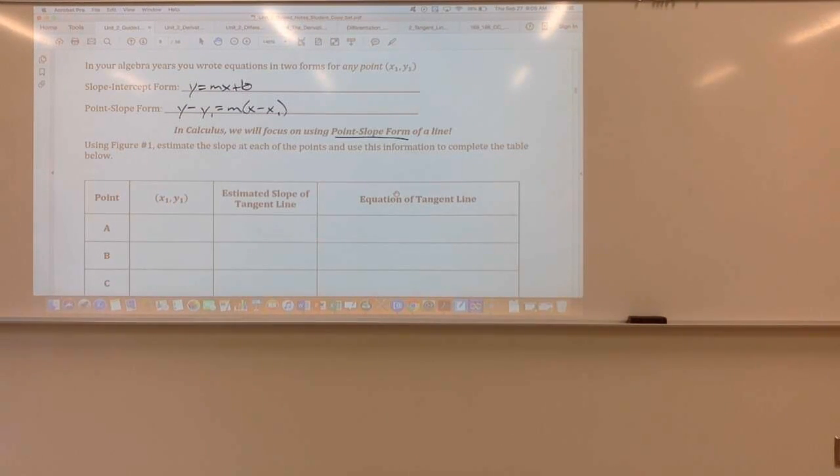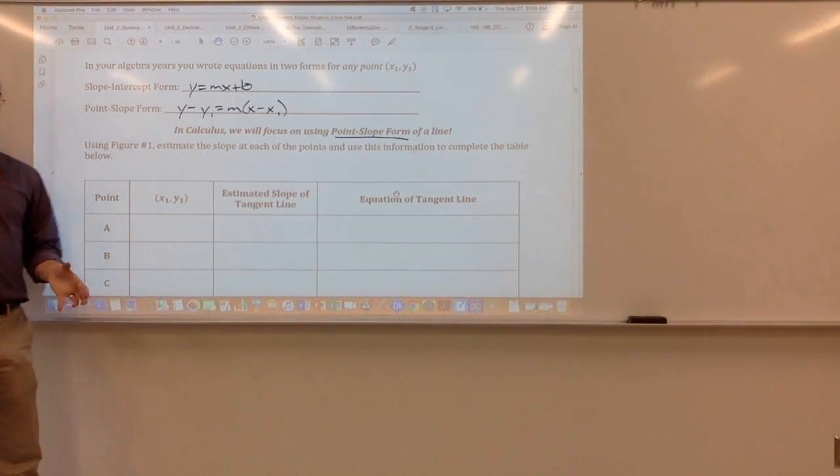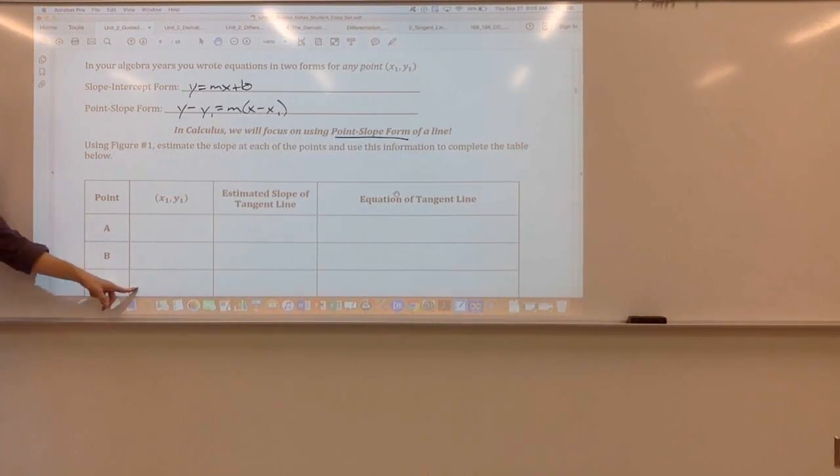So if we go back to that first example, that parabola, where we sketched out equations of tangent lines, let's actually write out those equations. So what were my points for A, B, and C?